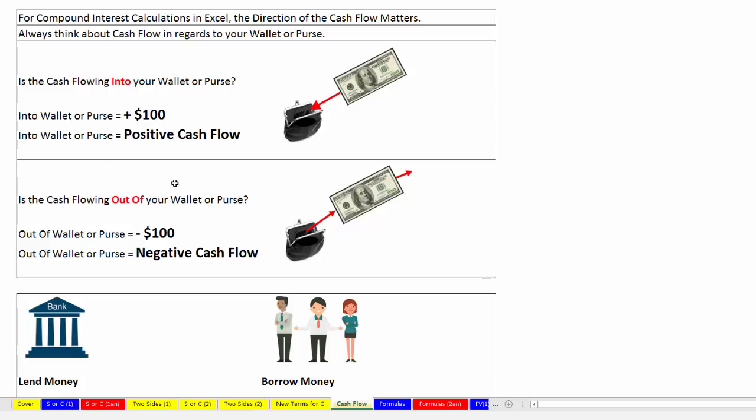Is the cash flowing out of your wallet or purse? Surprisingly enough, when you deposit $100 into the bank account, even though it's your money, remember, you're taking it out of your wallet and giving it to the bank. So out of the wallet has to be recorded as minus 100. Out of the wallet or purse is always a negative cash flow.